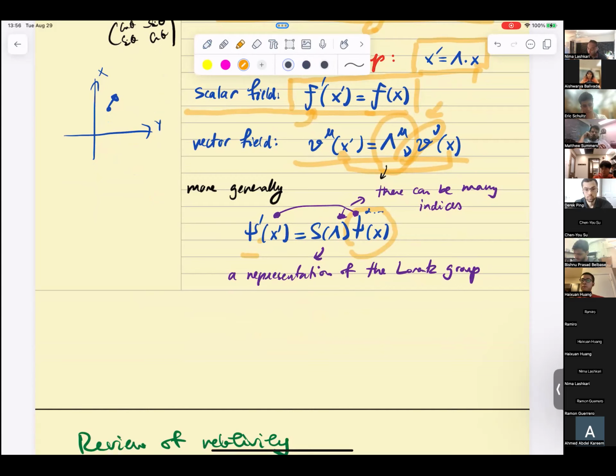And then when you apply the Lorentz transformation, x goes to x prime, but the overall transformation of the field is represented by some matrix or some tensor acting on the original field with a bunch of index contractions, right? When this happens, we say the field is in a representation of the Lorentz group. When this S of lambda is a matrix, we say it's in a representation of the Lorentz group.